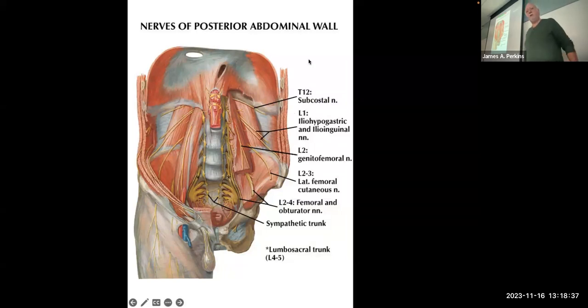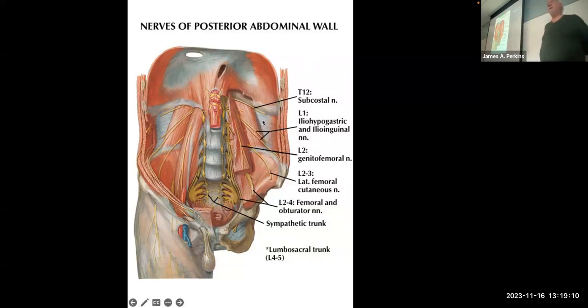Some cadavers, if you're really lucky, you'll actually see L1 lying between the psoas and the quadratus lumborum muscles, and then you'll actually see L1 split into these two nerves. So it looks kind of like a Y, where L1 splits into iliohypogastric and ilioinguinal. Other times it's going to look a little bit more like what you see here, where the iliohypogastric and ilioinguinal are already split as soon as you see them.